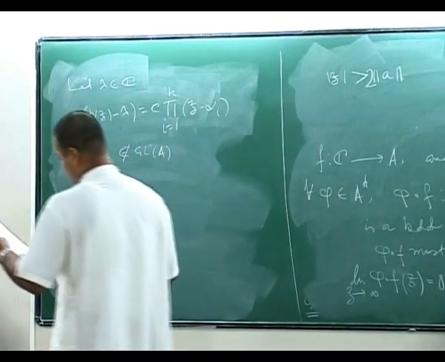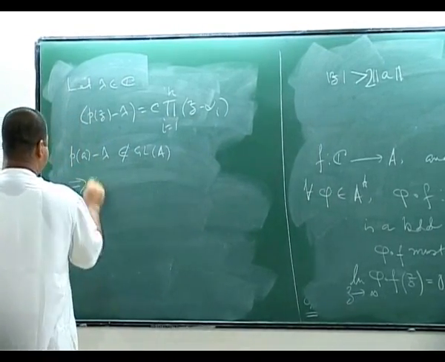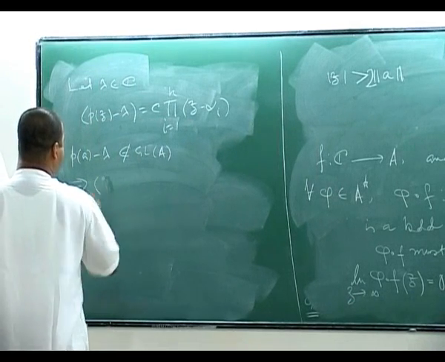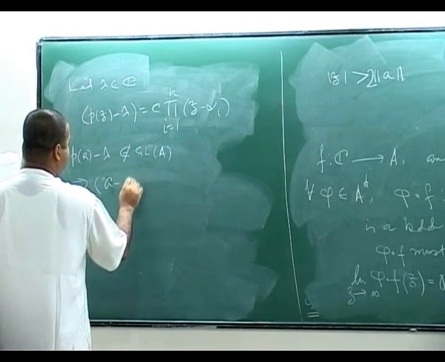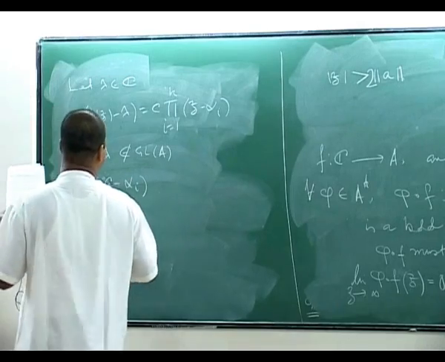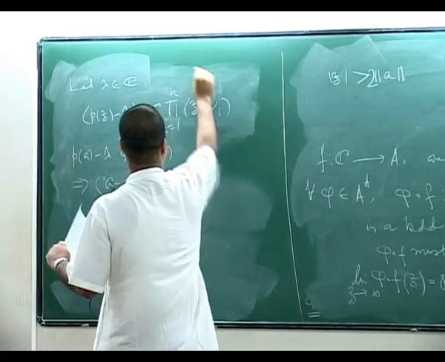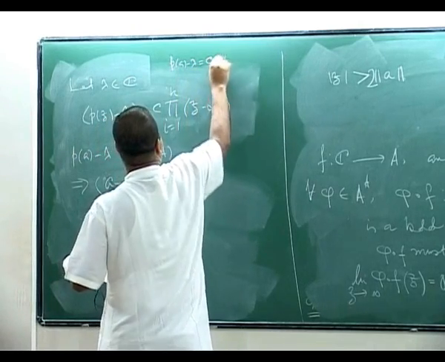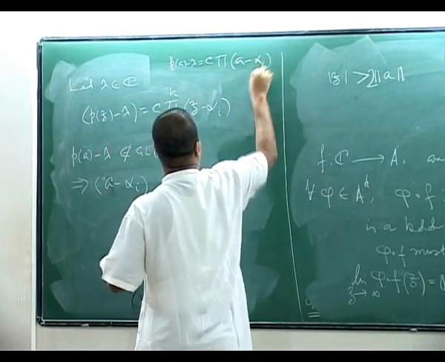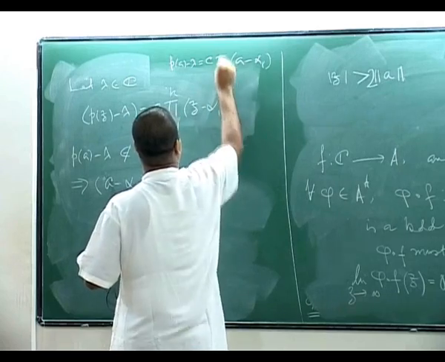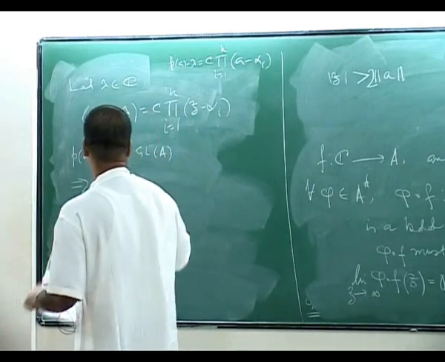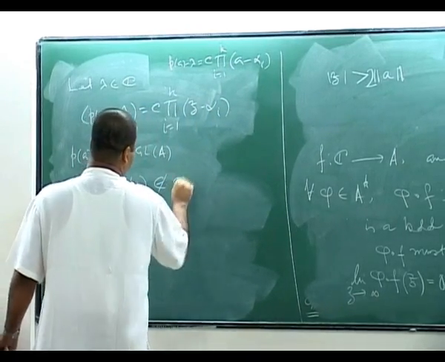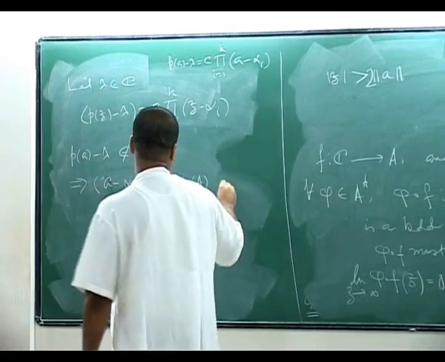So this implies, okay, maybe I write down here, P A minus lambda is C times A minus alpha I. A minus alpha I does not belong to GLA for some I.